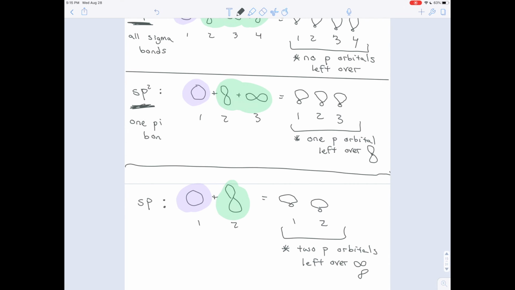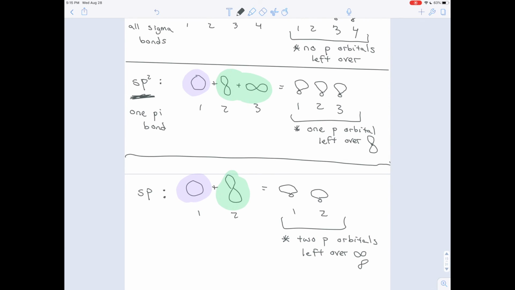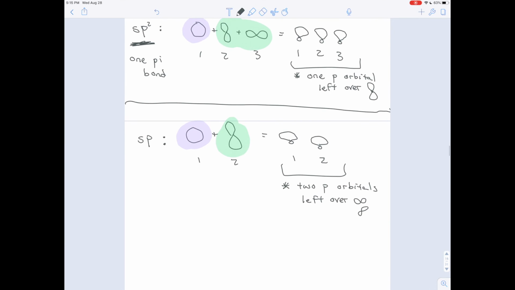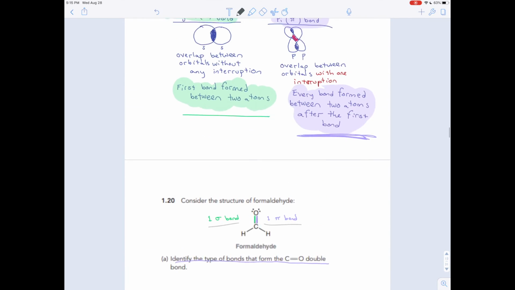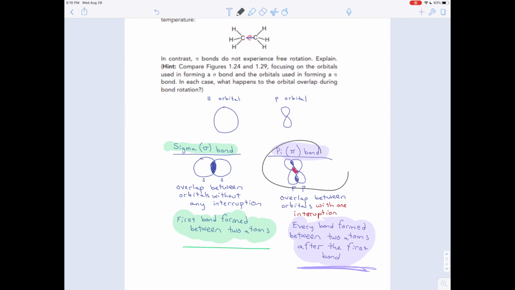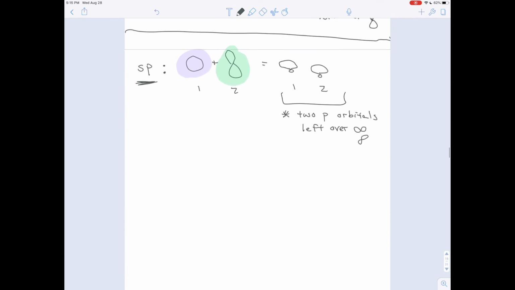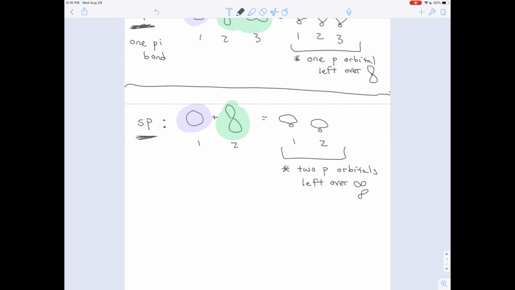An atom that only has 1 pi bond on it will be sp2 hybridized. For sp, this has two p orbitals, and if it has two p orbitals, that means it can participate in two pi bonds. So you'll recognize an sp hybridized atom because it will have two pi bonds.